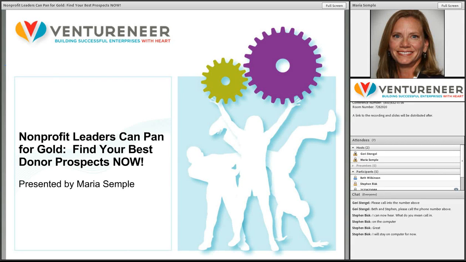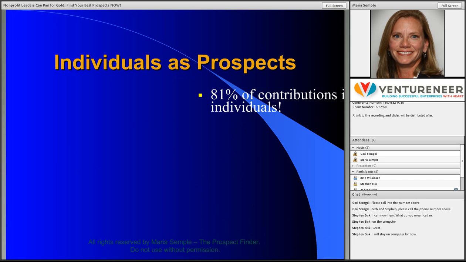However, the big picture here, and this is a great slide to share with your board, especially if your board is of the mind that we can just ask all of the foundations and corporations in our neighborhood for money, really drives home the point of where the money comes from in the United States, and it is driven very highly by individuals.